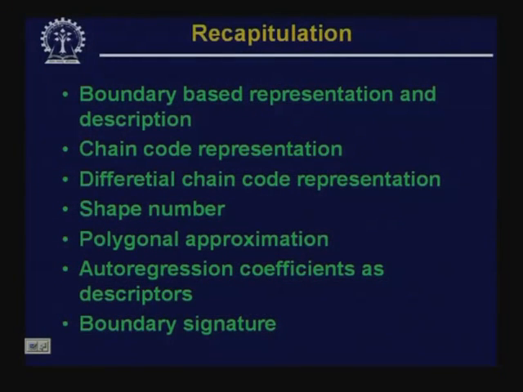Then we discussed another boundary based representation technique, which is the polygonal approximation of the boundary. We discussed various polygonal approximation techniques, how a given boundary can be represented by a polygon. Then we talked about a particular description mechanism: if we model the vertices or corners of the polygon in the form of an autoregressive model of, say, order k, then we can form a set of linear equations.